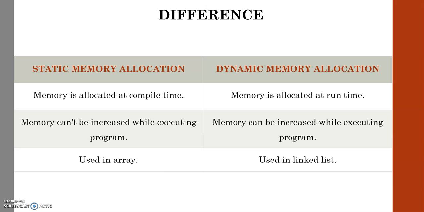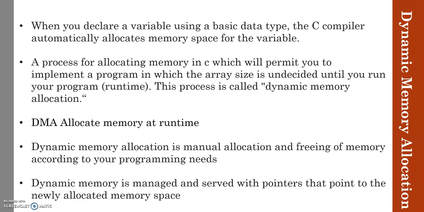So dynamic memory allocation is the topic that we are talking about in this session. In the previous session we talked about what dynamic memory allocation is, also the difference between static and dynamic memory allocation, along with the important points about the DMA, right? And we focused on two words, that is undecided size and runtime.